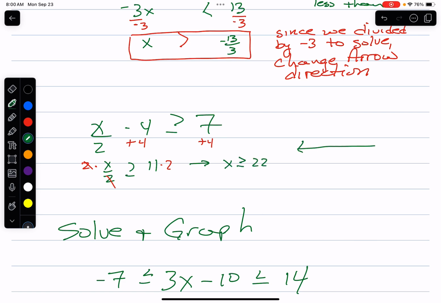By the way, on a number line, 22 would be right there. We're going to close that circle. And the reason why we close that circle is because of that negative sign right there. Okay? And then I want all the answers that are bigger than 22. This one, you'd have negative 13 over 3, open circle, arrow that way.